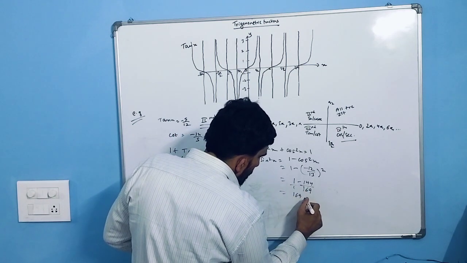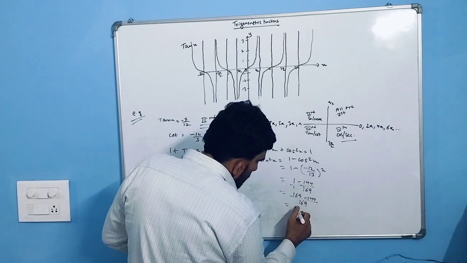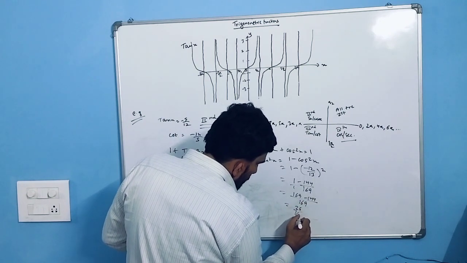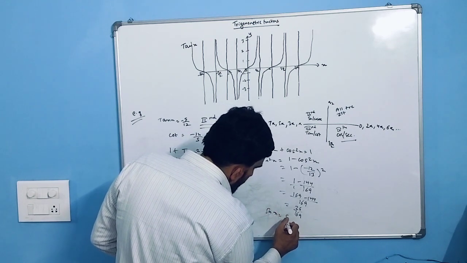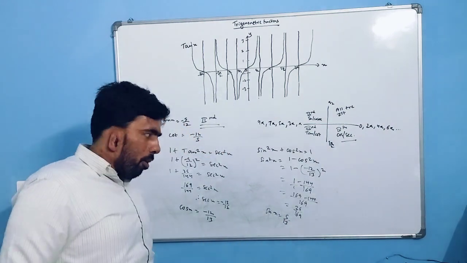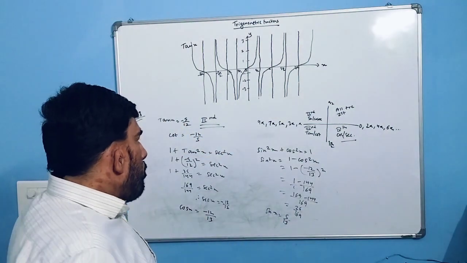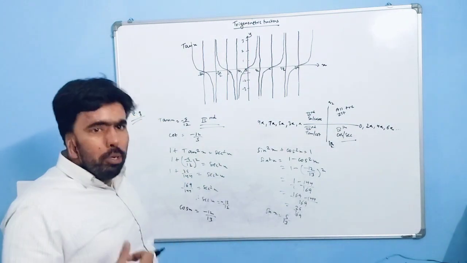I'm taking LCM now. We find 25 upon 169. So by taking the square root we find sin x will be 5 upon 13. It's a positive value. Why? Because in second quadrant sin is positive.